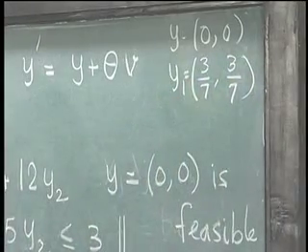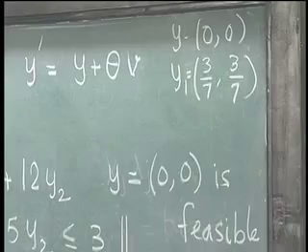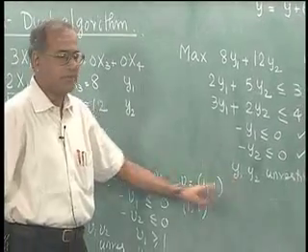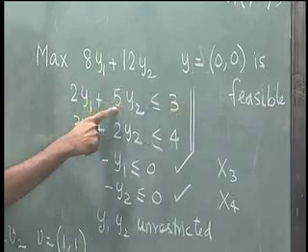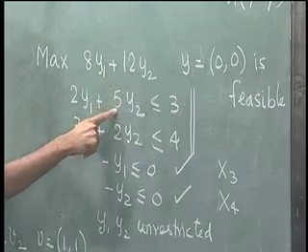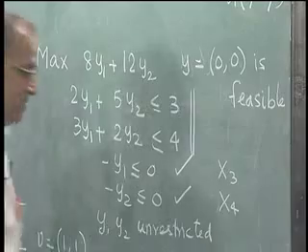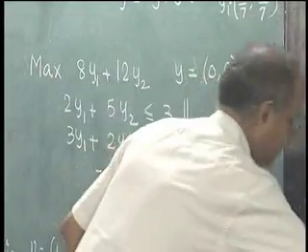Now, if we look at 3 by 7 comma 3 by 7 and start substituting here, 2 into 3 by 7 plus 5 into 3 by 7 is 7 into 3 by 7, which is 3. So, this is satisfied as an equation.